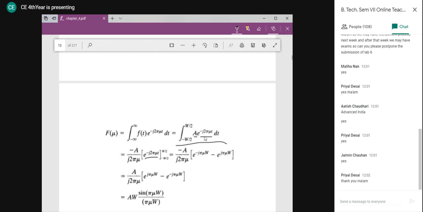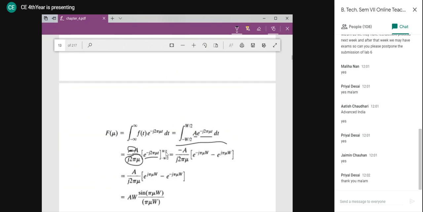The integration of e raised to x is e raised to x only, but the extra terms are going to get divided here, so you can understand that the negative also came out and is divided here. Now w by 2 is substituted here. Observe, this 2 will get cancelled. Which variable will get the value? It is t that will get the value, because t is my variable.